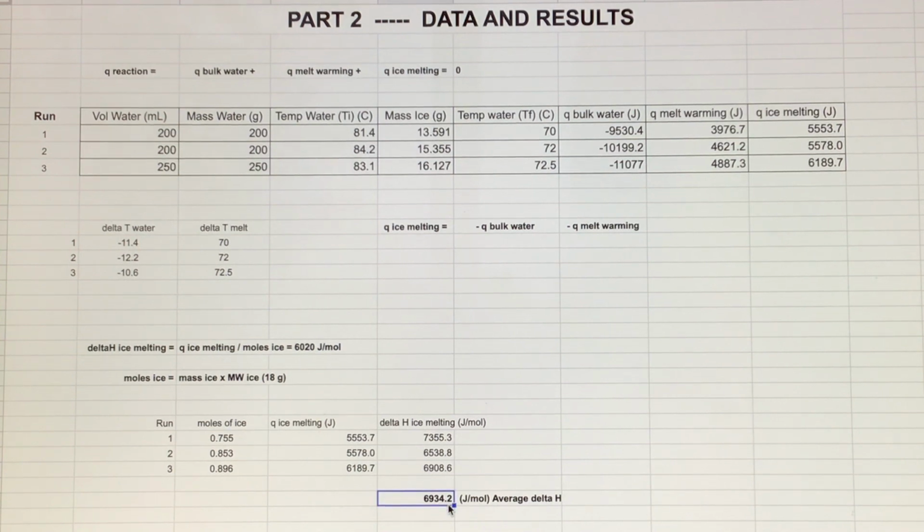I am pretty happy with how the experiment turned out, because I'm only roughly 1 kilojoule away from the textbook value. So why didn't I get the same value that scientists in sophisticated labs obtain?